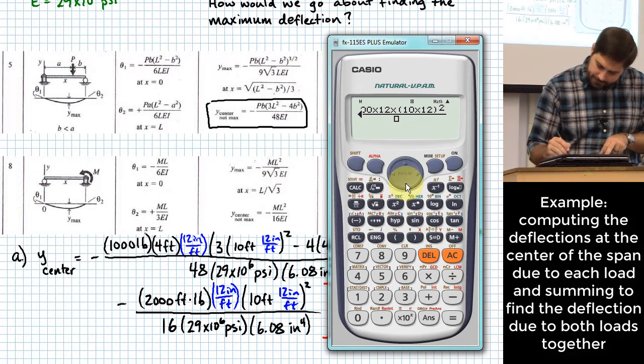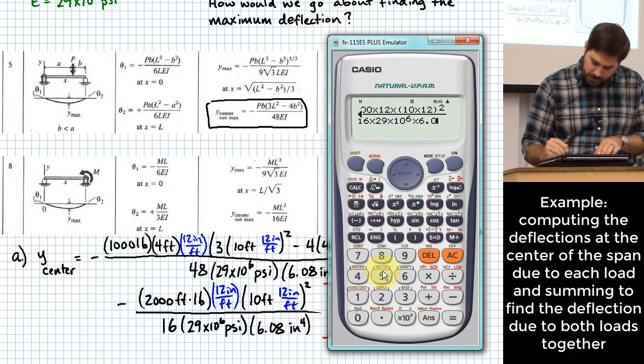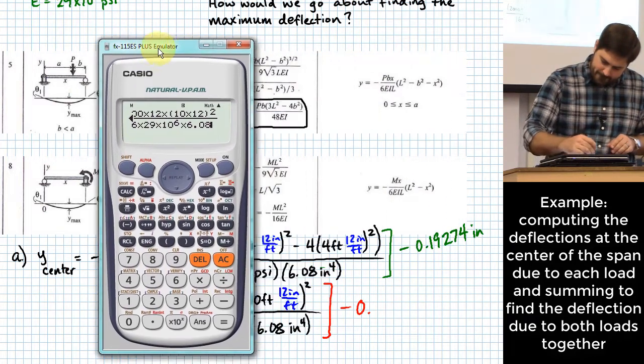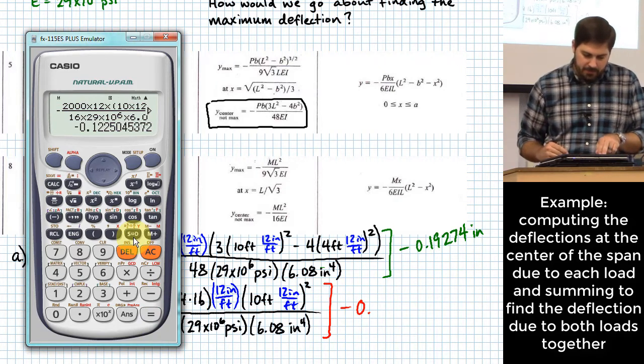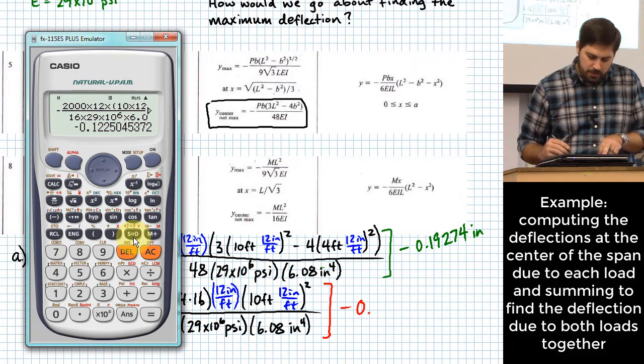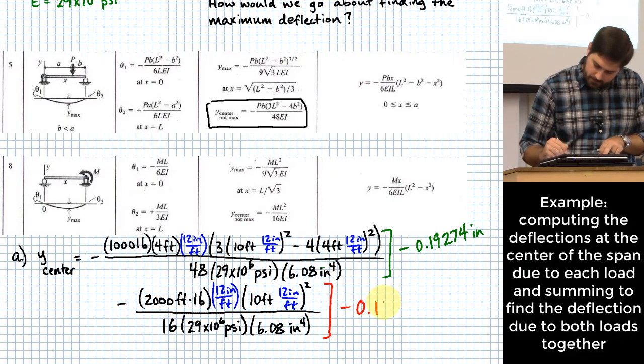All this over 16 times 29 times 10 to the 6th times 6.08. Okay, here I've got negative 0.1225 or so.